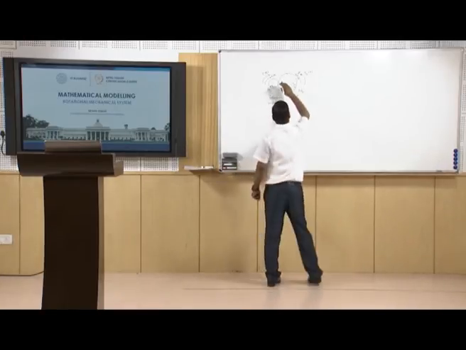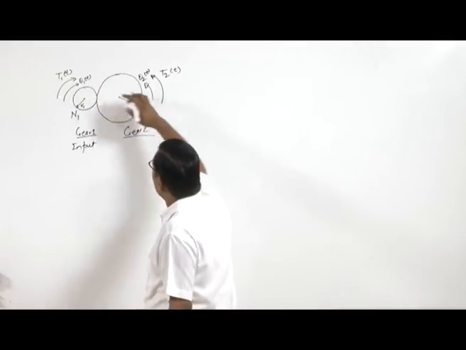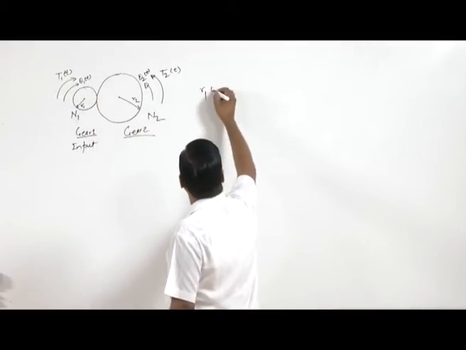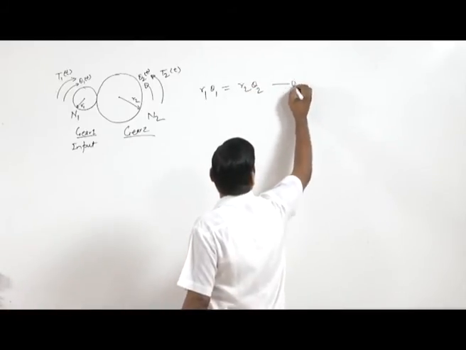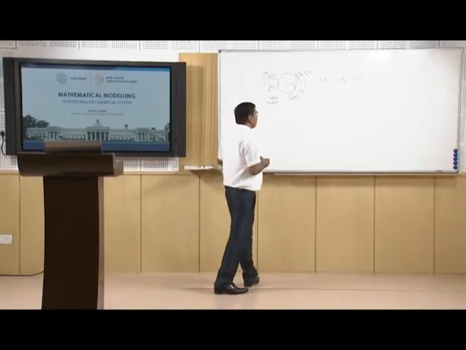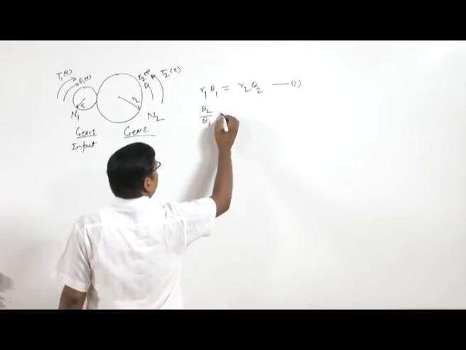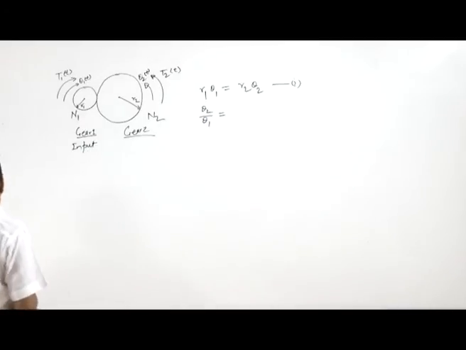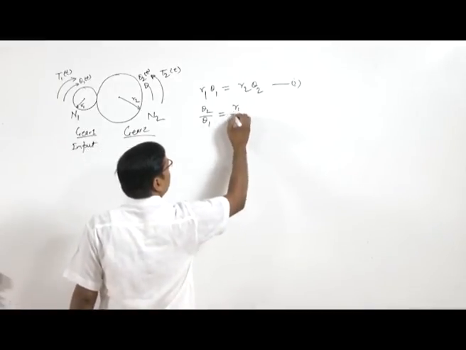So R1 theta 1 will be equal to R2 theta 2, and so here we will get theta 2 upon theta 1 equal to R1 by R2.